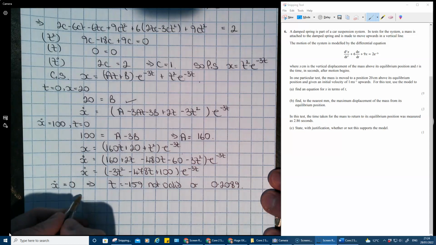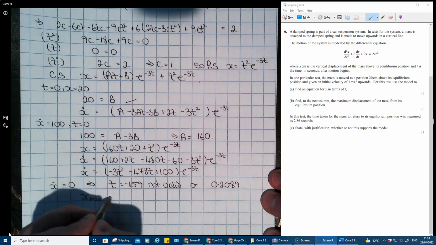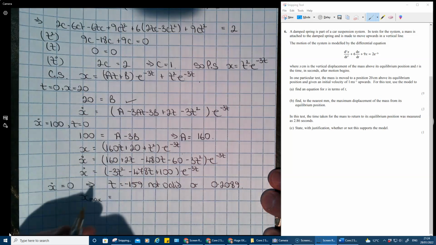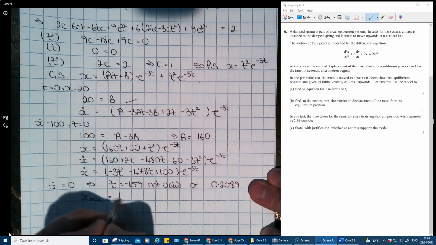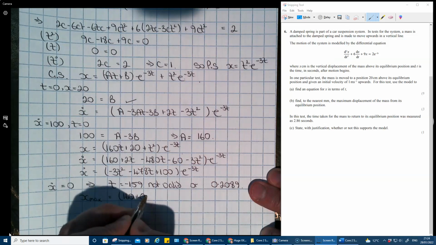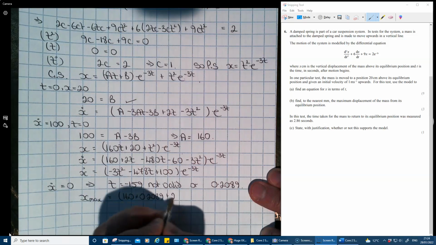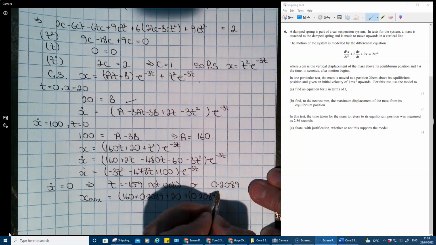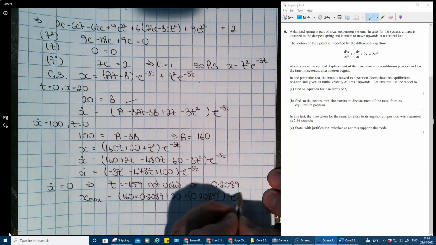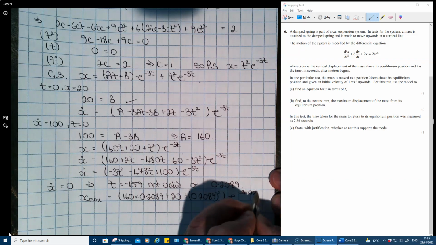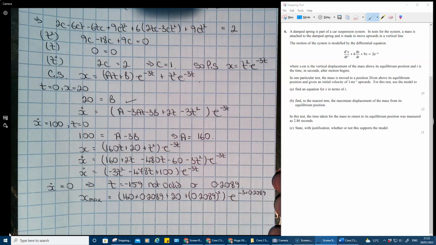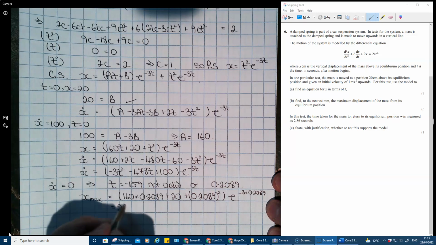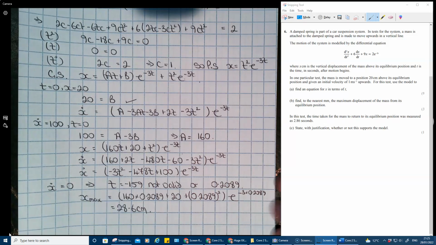So the maximum value of x is when I plug this in, which is (160 times 0.2089 plus 20 plus, I could probably skip writing this out, e to the minus 3 of those, okay, and that comes out to be 28.6 centimeters.